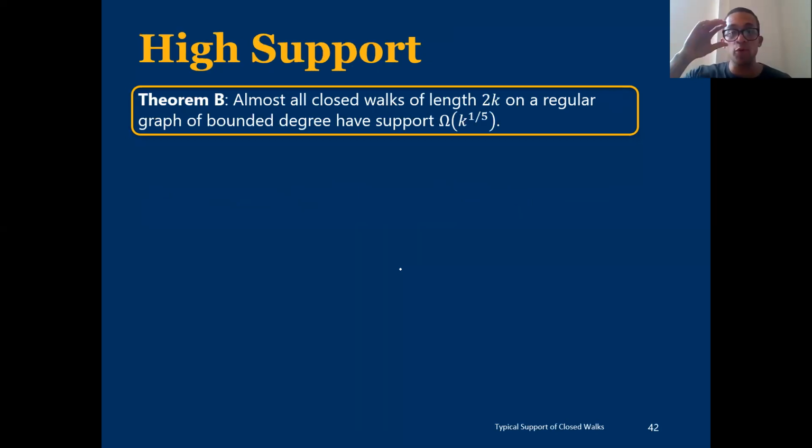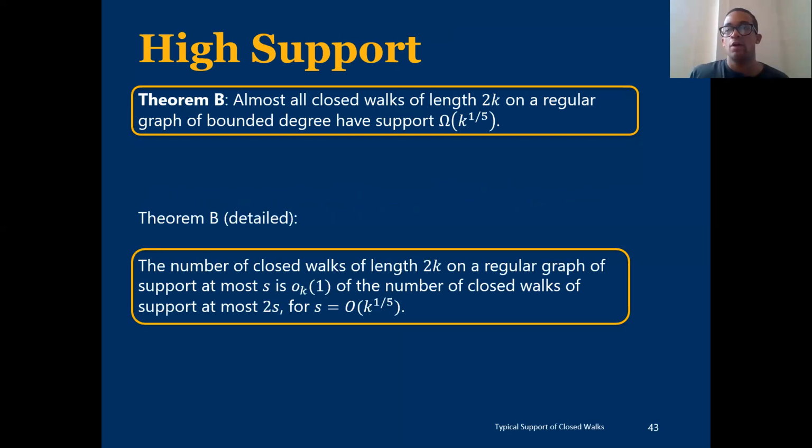Okay, so what we end up proving is that almost all closed walks of length 2k on a regular graph of bounded degree have support omega k to the 1/5. So specifically, it's polynomial in the length of the walk. Specifically, what we prove, and maybe this will help give some intuition when I try to show some parts of the proof, is that for a given number S, the fraction of closed walks of length 2k that have support at most S is little o sub k of 1.